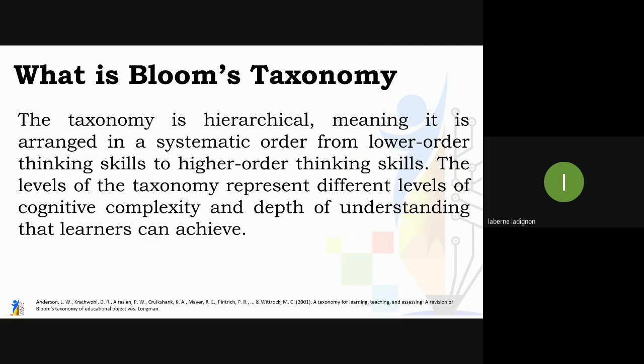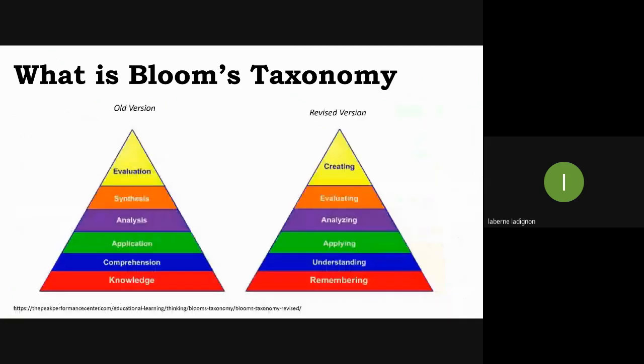I think most of us are aware of the use of Bloom's taxonomy, and we are also aware that this is very useful, especially as we design our summative assessment. Remember that there are versions of this Bloom's taxonomy. This next slide shows the old version and the revised version.